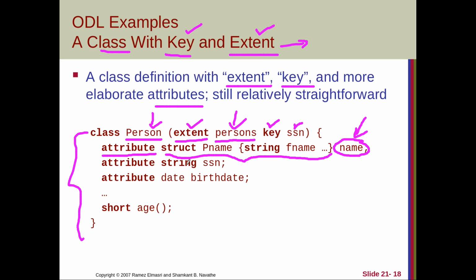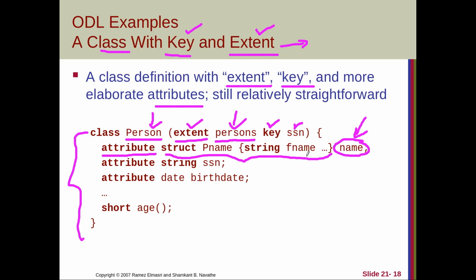So a complex type can be created by using a keyword called struct. Struct p name, then again opening curly bracket, string first name, then comma string middle name, comma string last name.